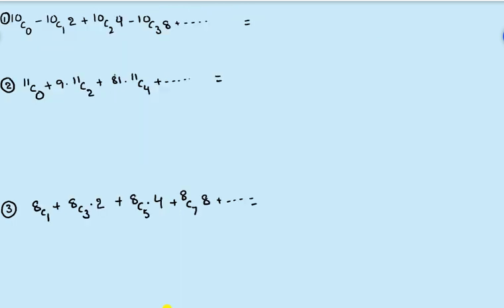Okay. Observe here: 10C0 - 10C1 + 10C2 into 4 - 10C3 into 8 + and so on. So what about this expansion? How can we write it? Observe here 10C0 into 2^0, 10C1 into 2^1, 10C2 into 2², we can write this one as minus 10C3 into 2³, and so on.